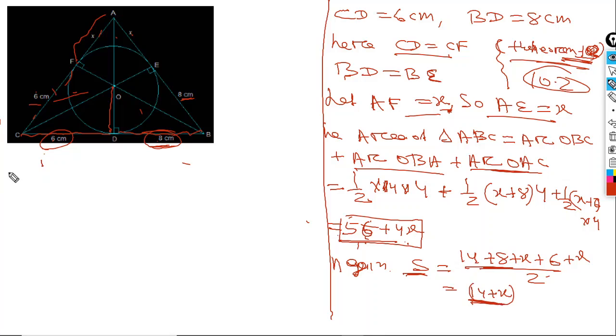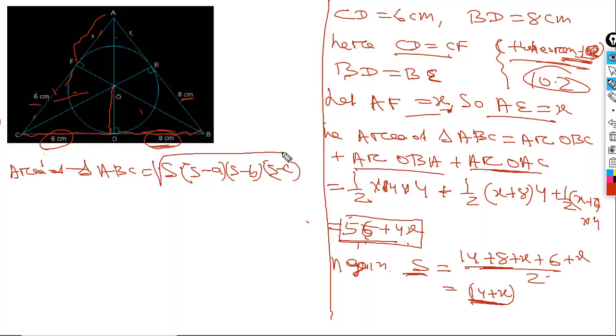Now we will find the area of triangle ABC equal to, you know the formula, root over s into s minus a into s minus b into s minus c.